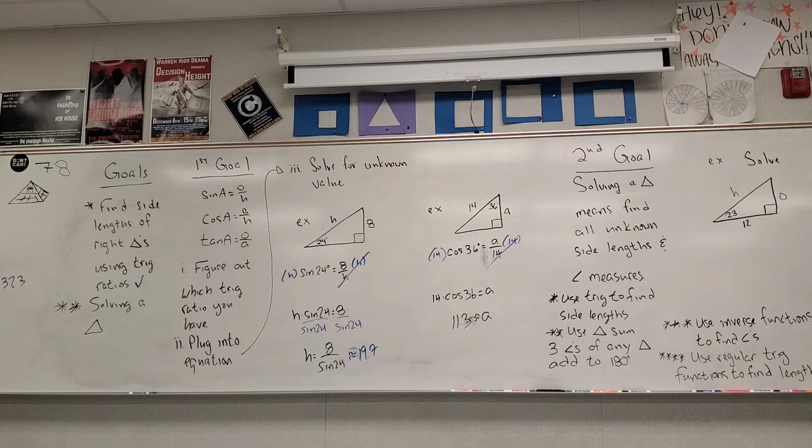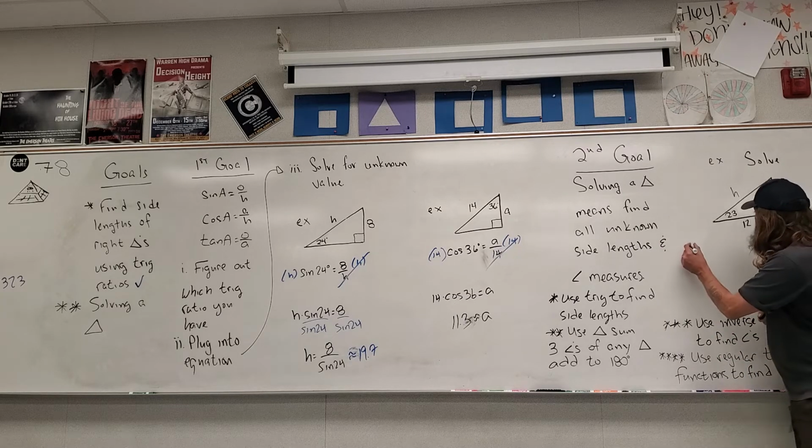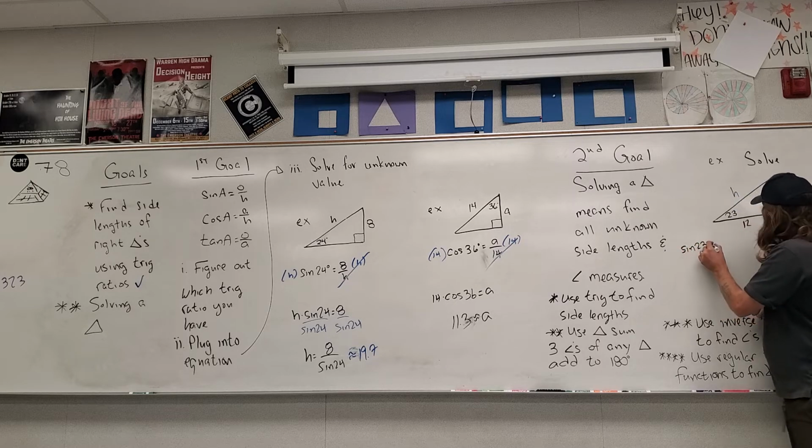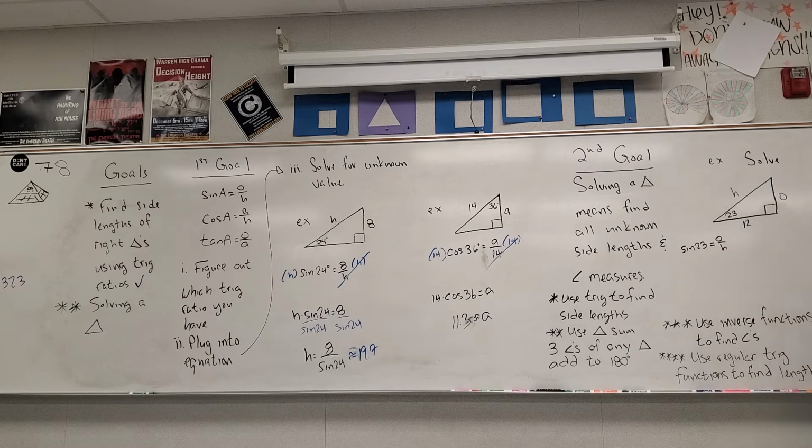Here's something else I just realized. You only want equations with one unknown. Let me show you. Maybe you just start plugging in and seeing what you get. So you could get the equation sine of 23 is equal to the opposite length, which is unknown, divided by h.